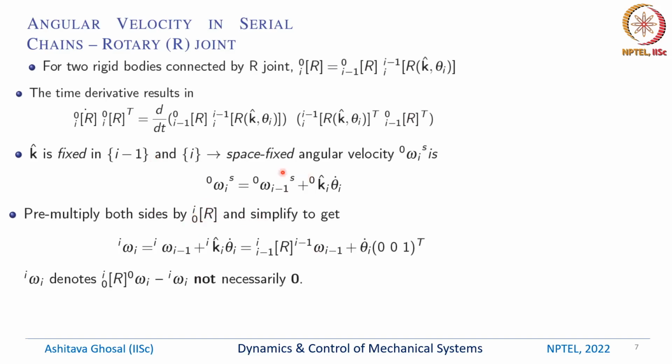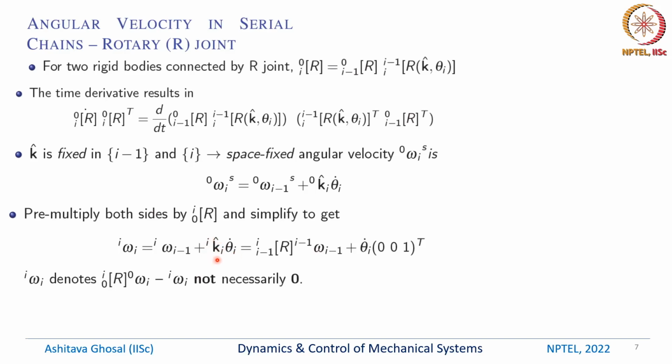If you pre-multiply both sides of the equation, you get R i0 times 0 omega, where the 0 and 0 cancel out in your mind, and we are left with i omega i on the left hand side. On the right hand side we have i omega i minus 1, and then we have i k i theta i dot. So what is i k i?